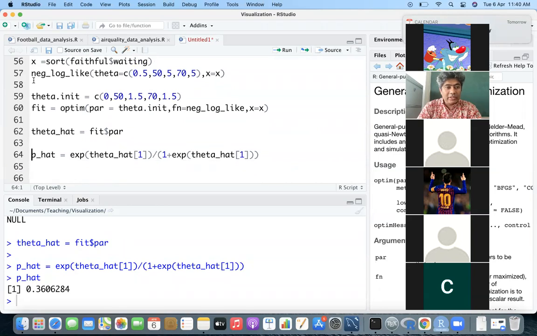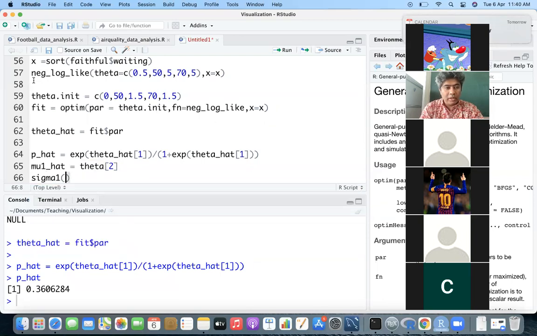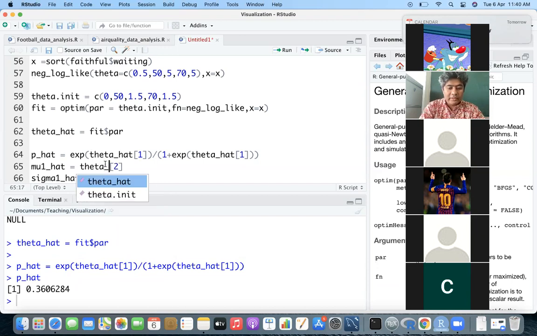So now we are very much in business. Mu1 hat is equal to theta hat vector 2, sigma 1 hat equal to exp of theta hat 3.